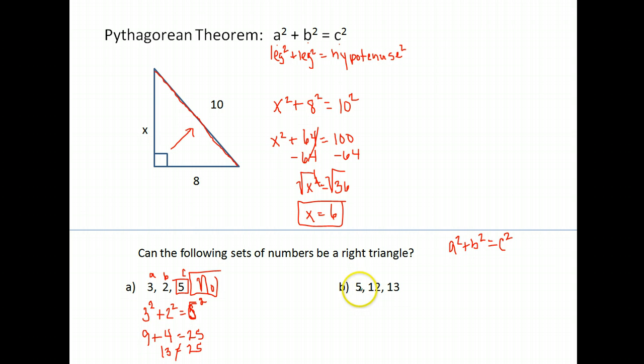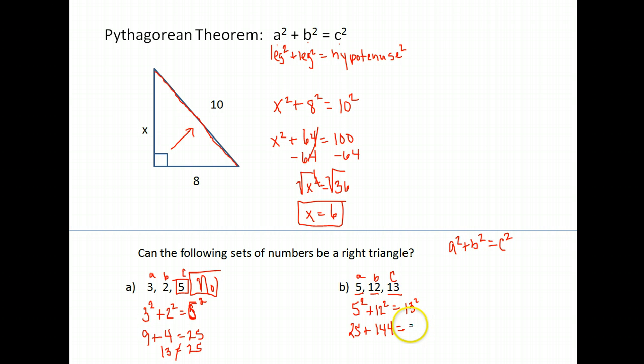Okay, so for this one, our two smallers are 5 and 12, and the largest is 13. So this is going to be our C. The other two will be our A and our B. So we have A squared plus B squared equals C squared, and we want to see if that's true. 5 squared, 5 times 5 is 25. 12 squared, 12 times 12 is 144.